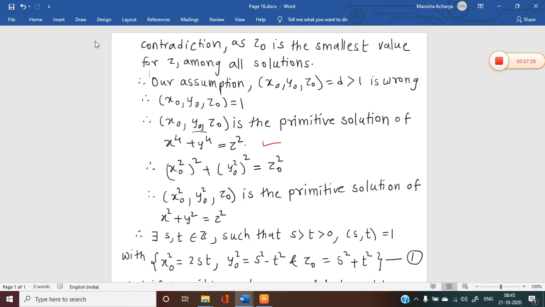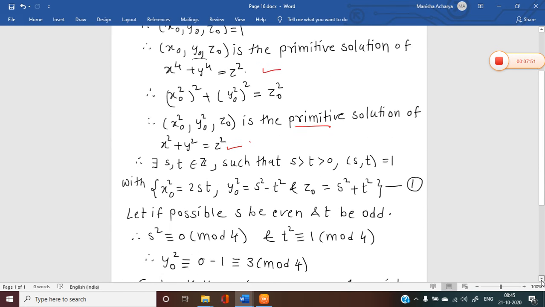Therefore x0 square, y0 square and z0 is a primitive solution of x square plus y square equal to z square. That means now we are considering the solution of a Pythagorean triplet. So x0 square, y0 square and z0 is a solution of a Pythagorean triplet.